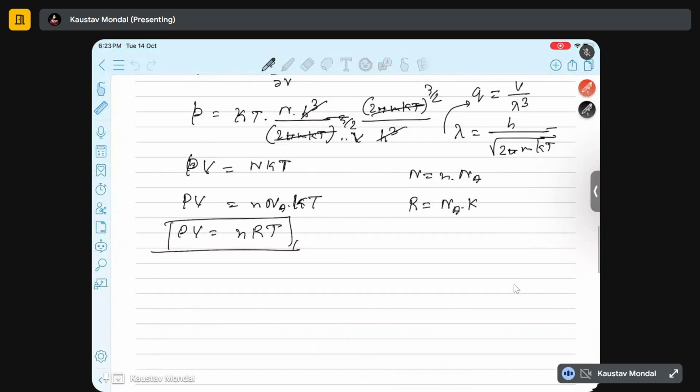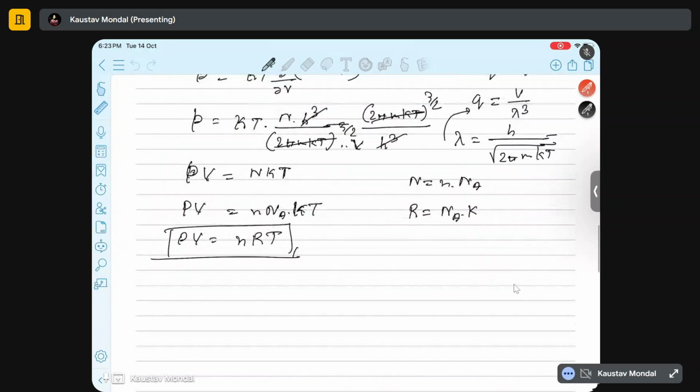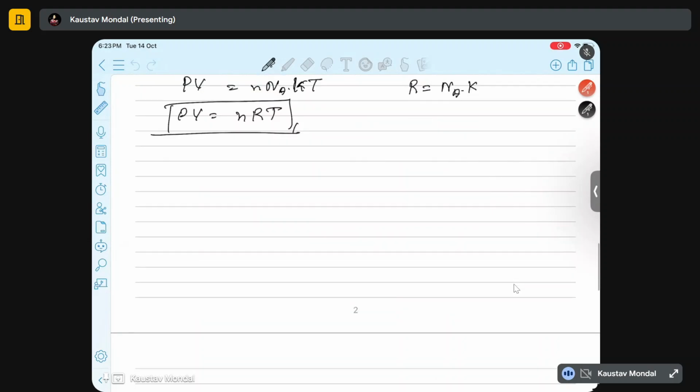For the real gases, you have to consider this interatomic potential. So apart from the kinetic energy, for real gases there will also be a contribution from the potential energy because of the interatomic attractive or repulsive forces involved, right?